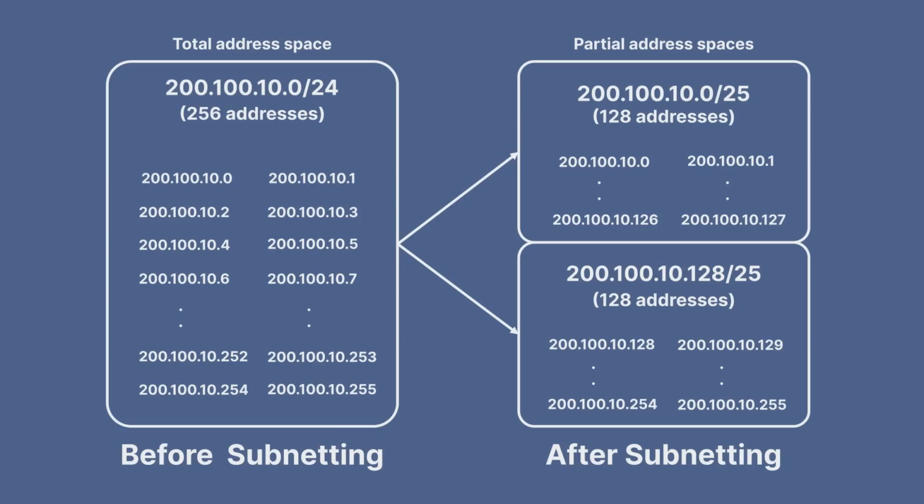This helps determine which devices belong to the same local network and which belong to different networks. It supports efficient network organization, better control of data flow, and improved security management.